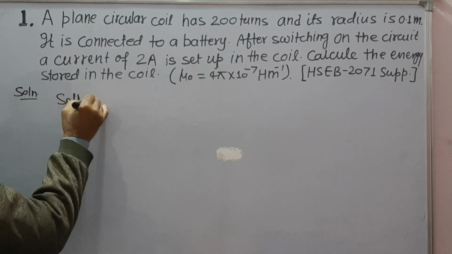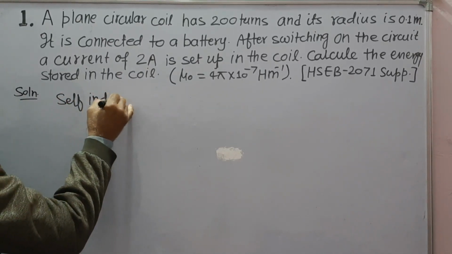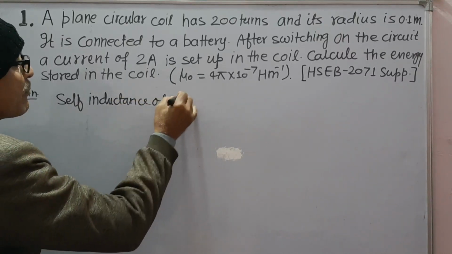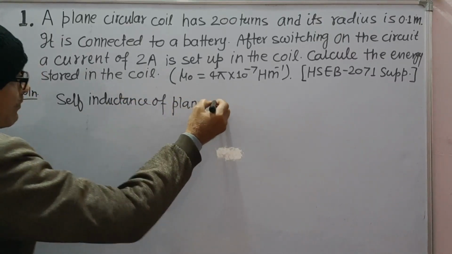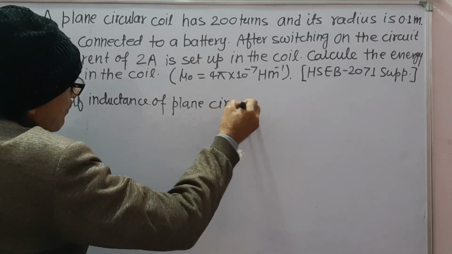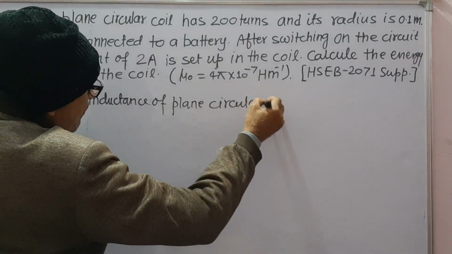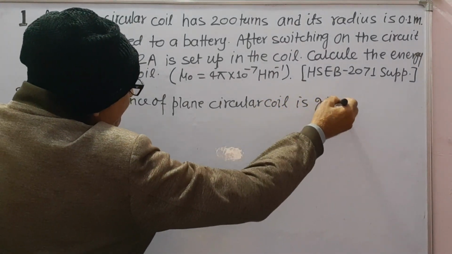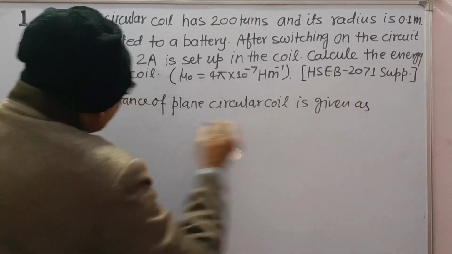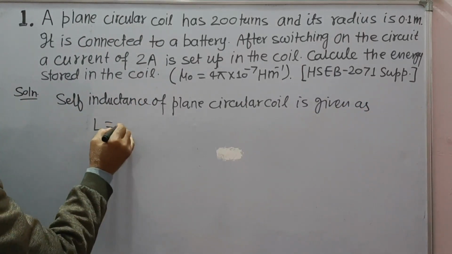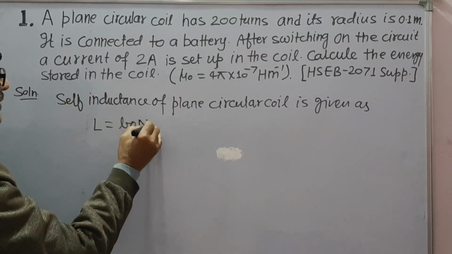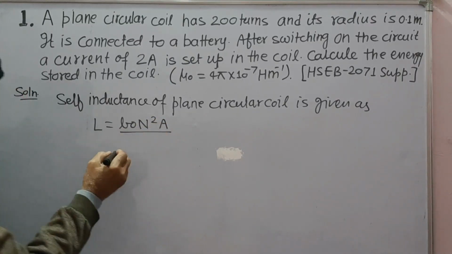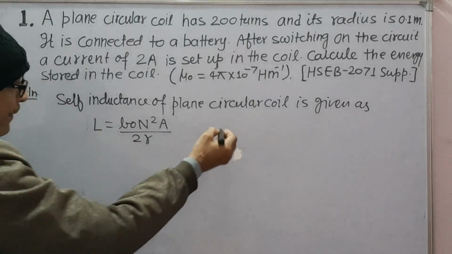Self-inductance of a plain circular coil is given as L is equal to mu naught N square A upon 2R.